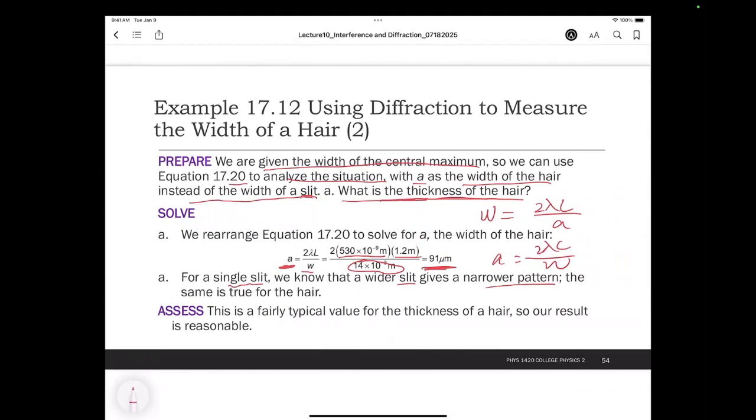This is a fairly typical value for the thickness of hair. So our result is reasonable, because you can see the thickness of hair is very small.